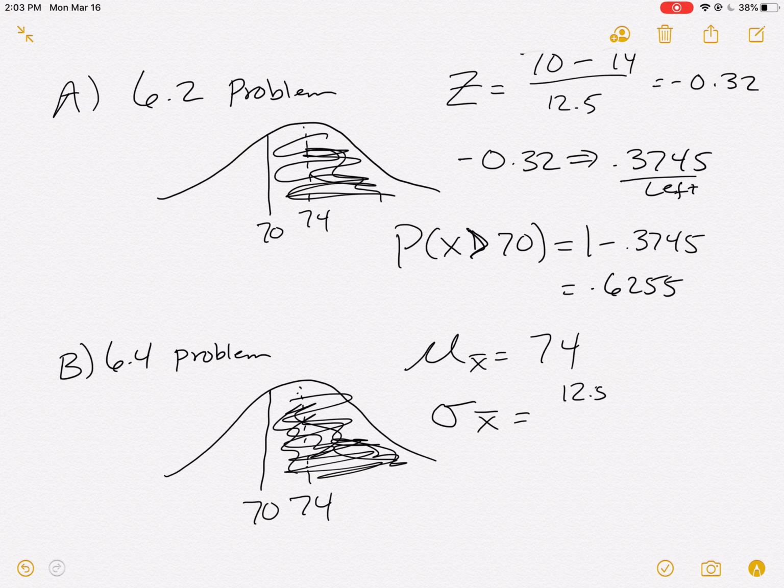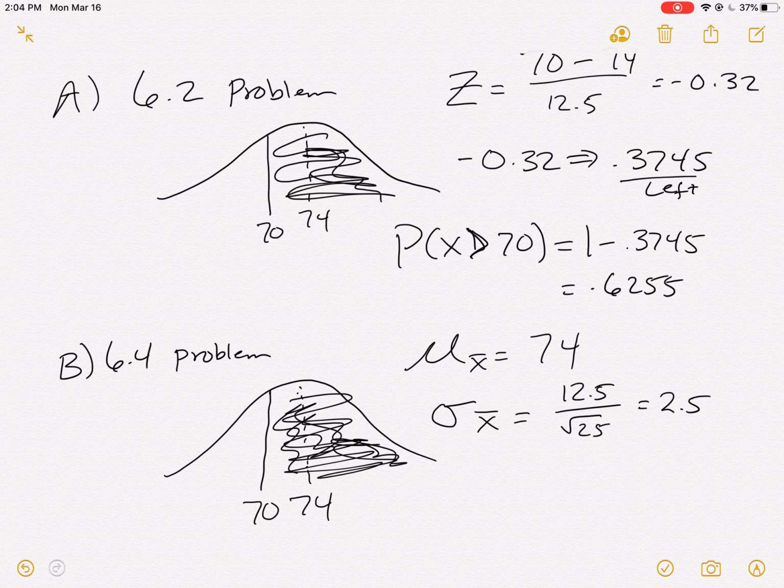It's going to be 12.5 divided by the square root of 25. As we look at what that is, we'll see that we have a new standard deviation for these 25 women of 2.5. Now everything else is the same.